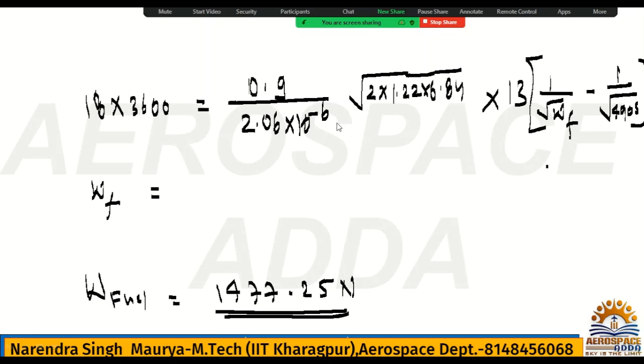Anyone, the correct value in my calculator: 6 point, take root, 4.0, 0.9 into 30 divided by 2.06 e to power minus 6.